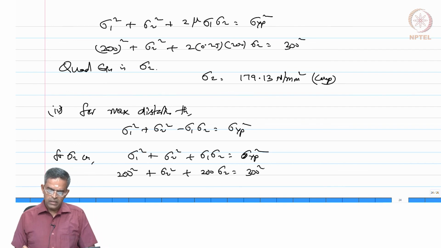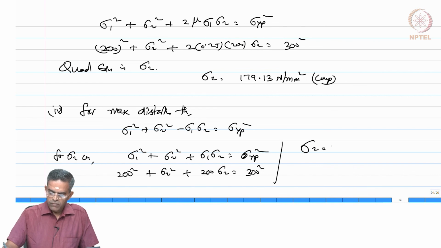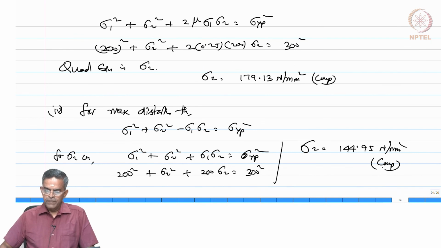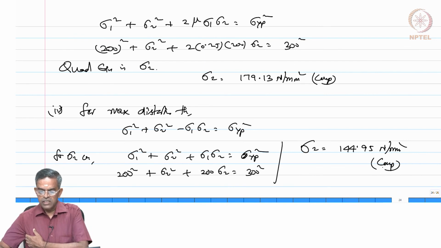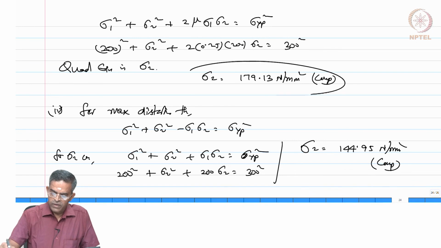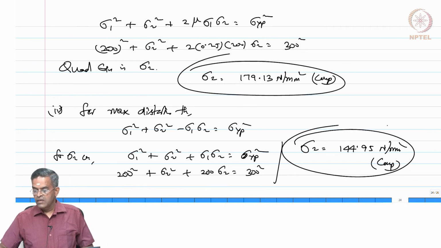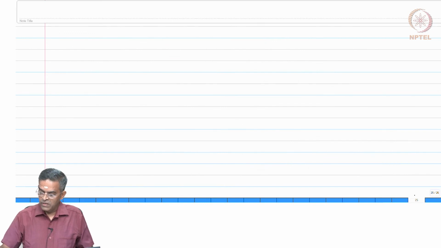Again it is a quadratic in sigma 2, solve, we get sigma 2 as 144.95 Newton per mm square compressive. So, friends, you see different theories estimate different principal stresses, is it not? So, that is the whole analogy what we learned from this theory.